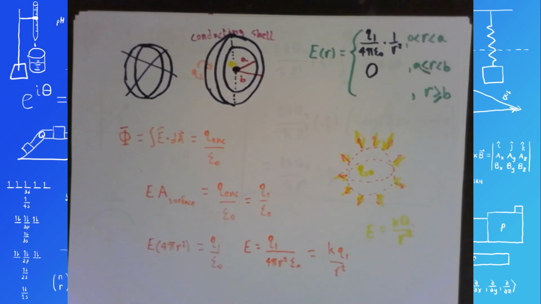Because for conductors, any time you look at the electric field inside the bulk of the conductor, it must be 0. Electric field can only exist on the outer surface or inner surface.